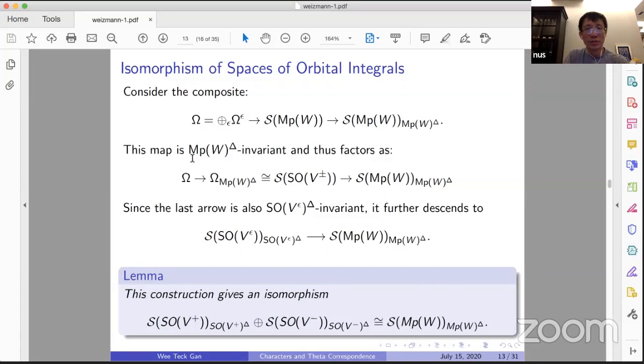Of course the composite is MPW diagonal invariant, so it factors through this co-invariant space. But by the previous lemma, the co-invariant space is just this space of test functions on SO.